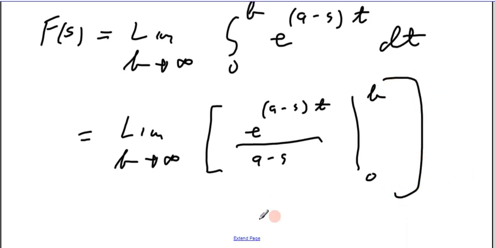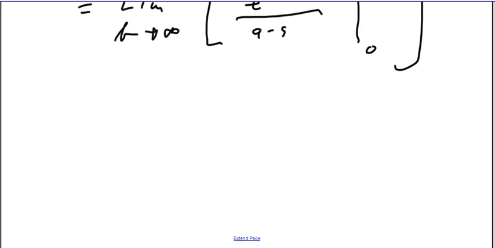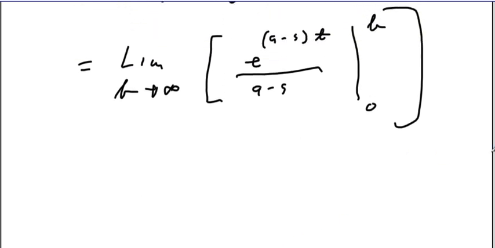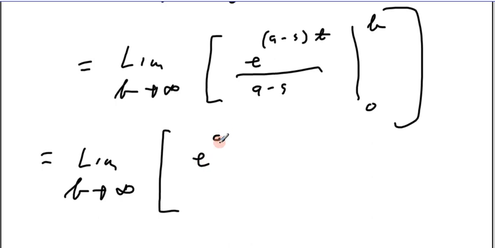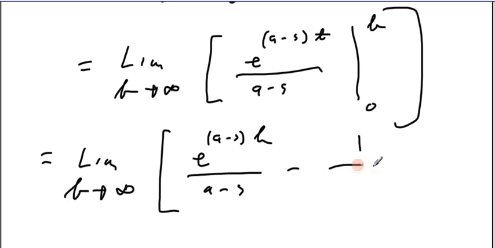Okay, so I put the b in, and I get limit b goes to infinity, e to the (a minus s)b divided by (a minus s), minus 1 over (a minus s), since e to the 0 is 1.